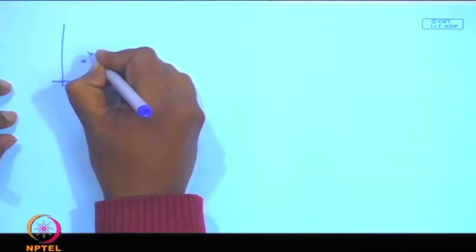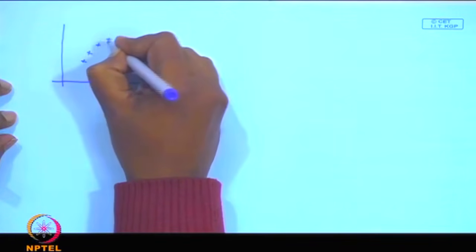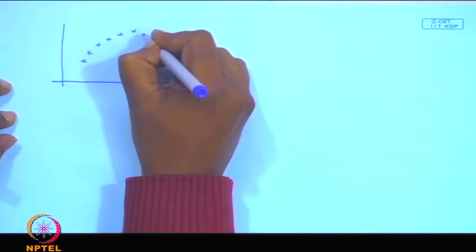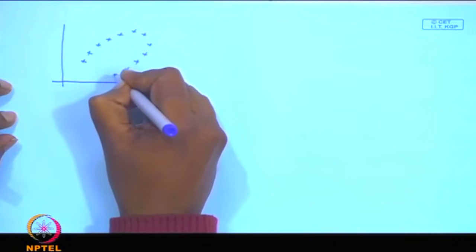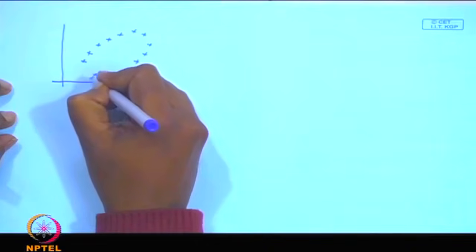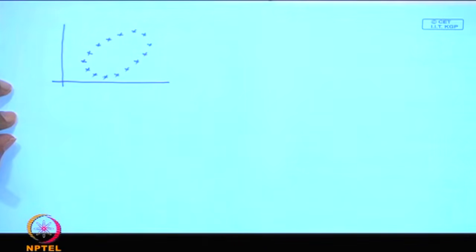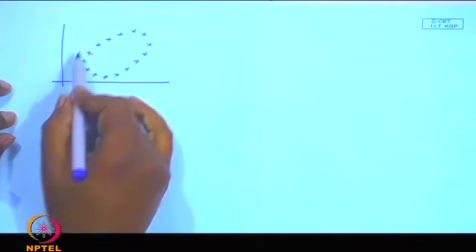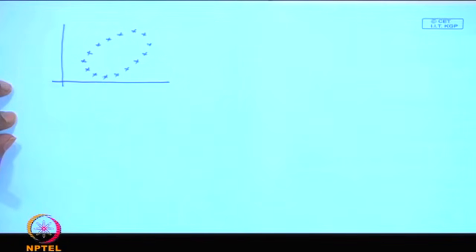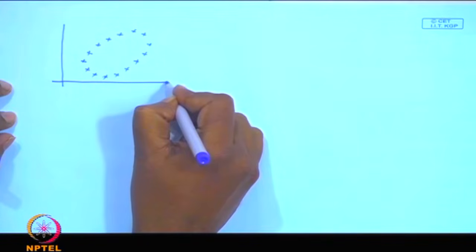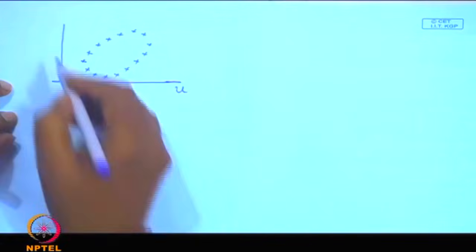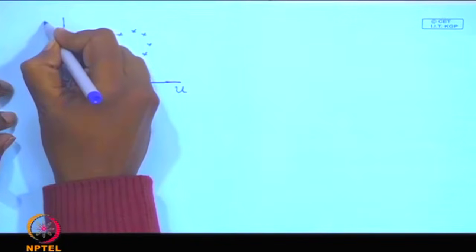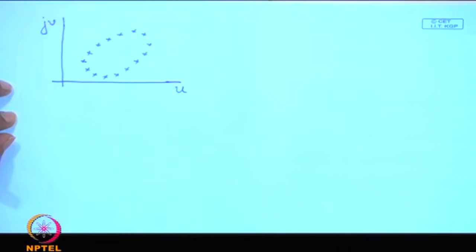So, this boundary is actually nothing but a set of points in a 2 dimensional space, something like this. So, when I have a set of points like this, I can assume this horizontal axis to be my real axis and the vertical axis to be an imaginary axis.